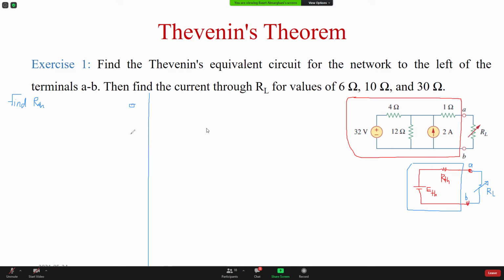So these are the terminals, A and B. We're going to find the resistance equivalent between them. Resistor, a resistor, source, a resistor here. Then this goes back here, and we have a source here.